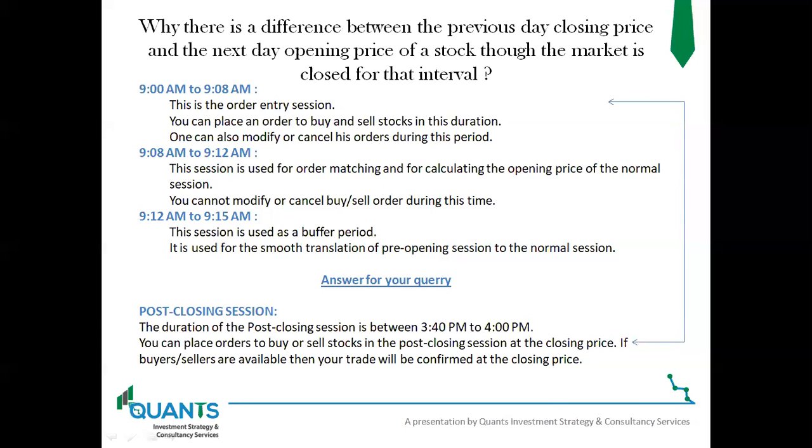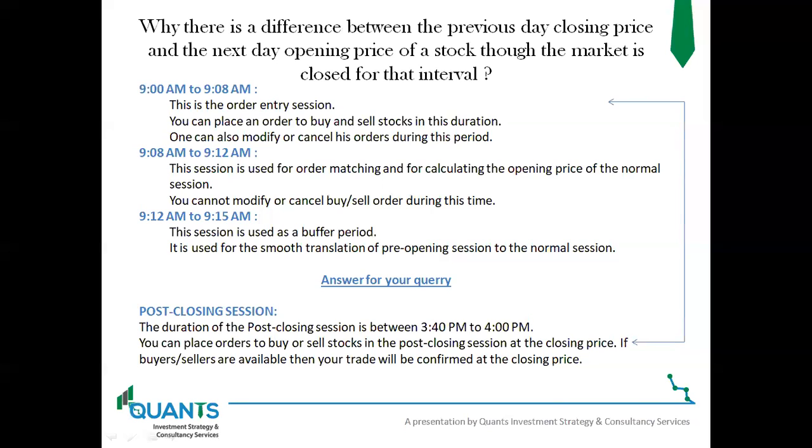So this is the pre-opening session timing. The post-closing session is an important aspect, where the market closes at 3:30, but from 3:40 to 4 p.m. you can still place buy or sell orders at the closing price, not at the price you wish.